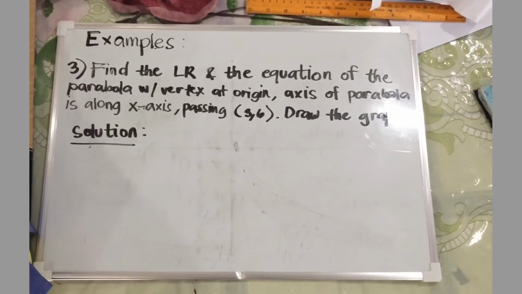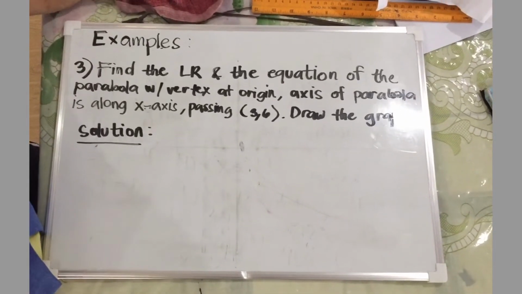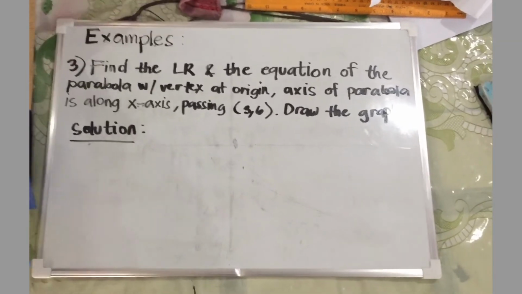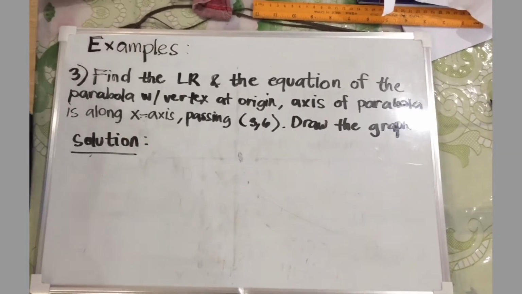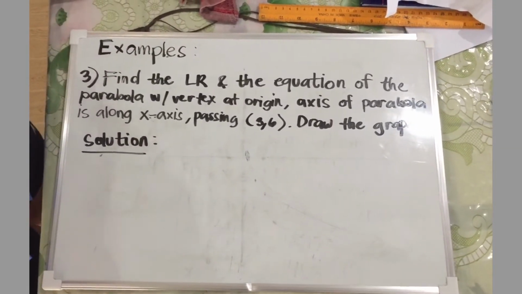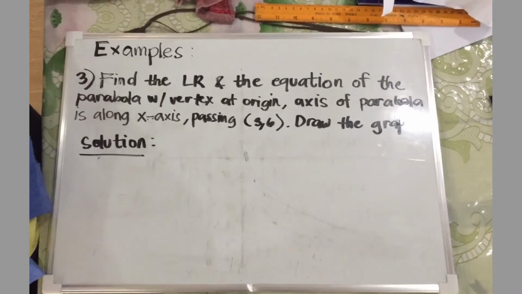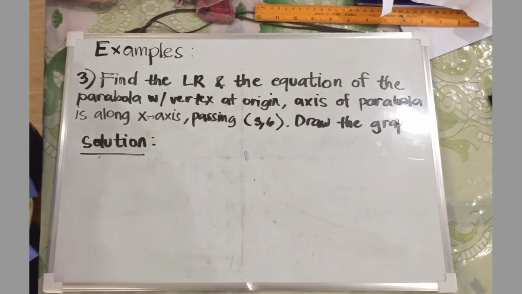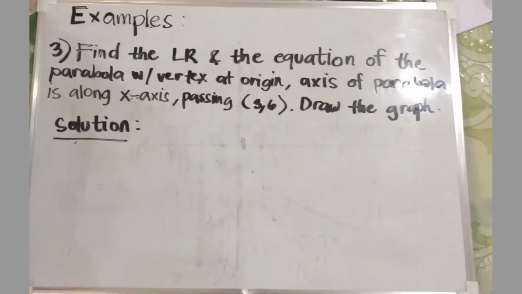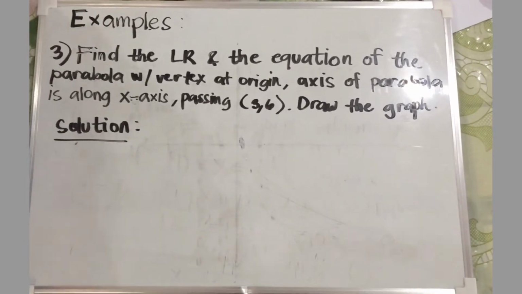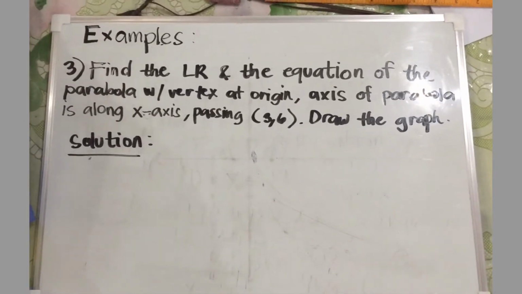So let's proceed to example number 3, our last example. Find the length of latus rectum and the equation of the parabola with vertex at the origin, and the axis of the parabola is along the x-axis passing through the point 3, 6. Draw the graph.